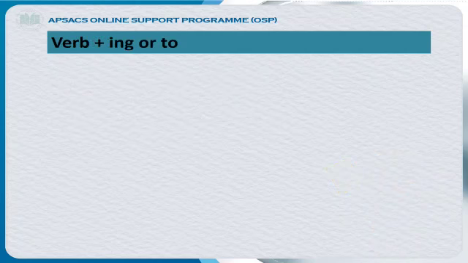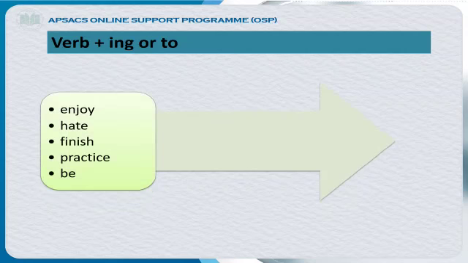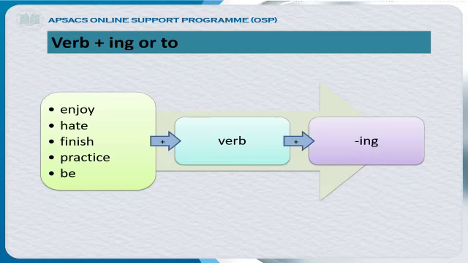Now let's come towards verb plus ing or to. There are some verbs like enjoy, hate, finish, practice, and be. With some verbs, we will be using verb plus ing.